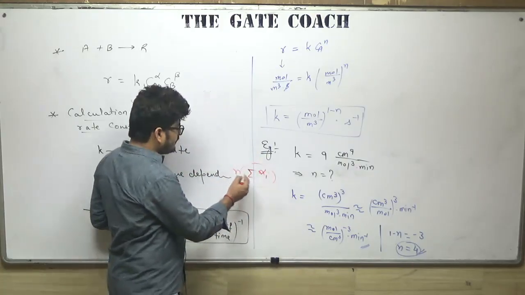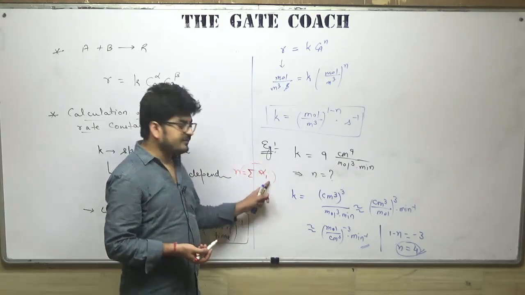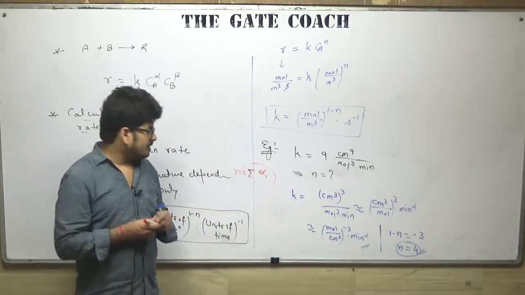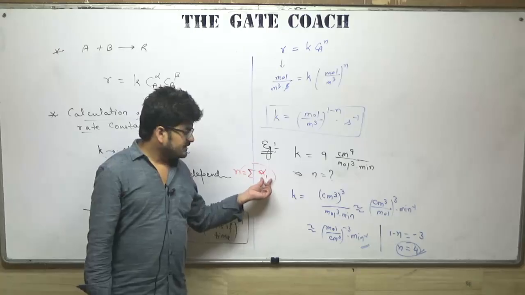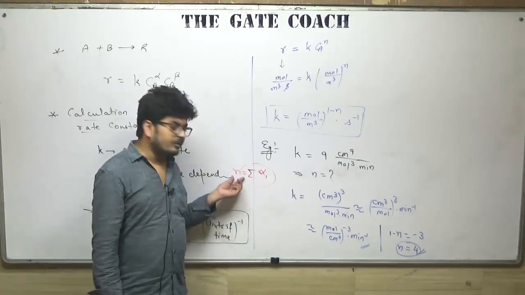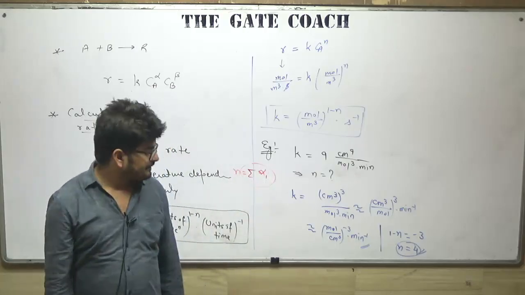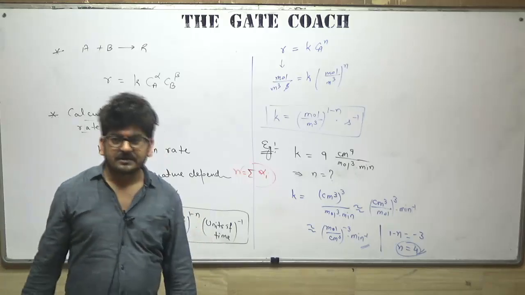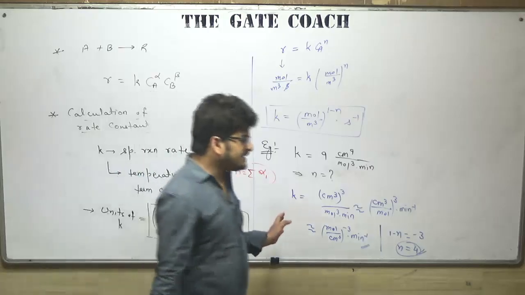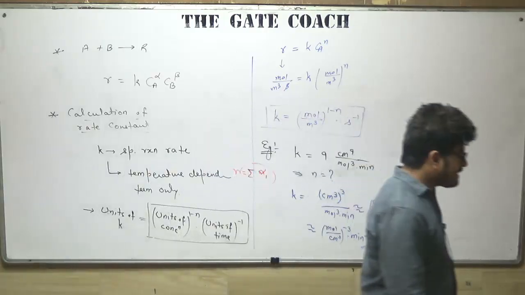What is the overall order of the reaction? Summation of alpha i. All of us know that. As per the definition, the sum of apparent orders is the overall order of the reaction. So this is something about the rate constant K. Is it clear, guys?